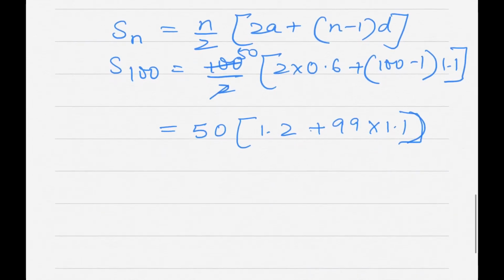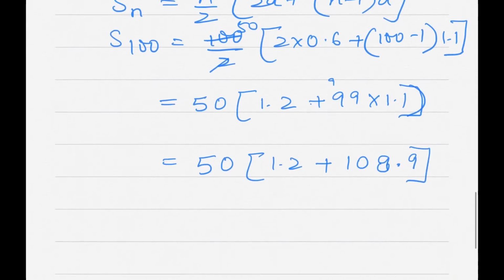Okay, the box bracket. So this is giving me 50 into [1.2 plus, now 9 times 9 and 99 again, 99 and 8 is 108]. How many decimal points, guys? One decimal point, right? So this I get as 108.9.